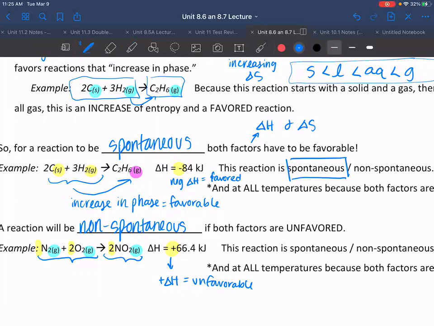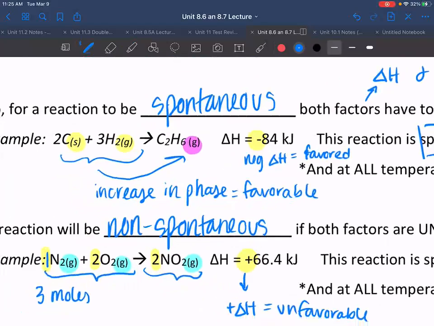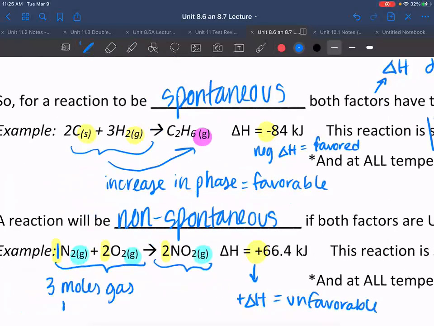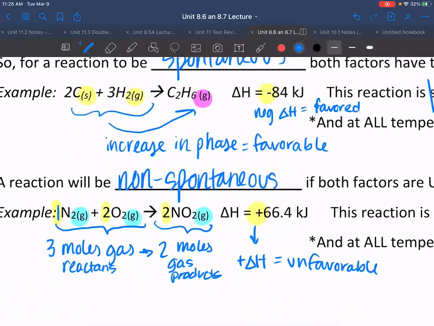The moles. So if we have 3 moles, so remember this is a generic 1 in front of that N2, we don't write it. So if we have 3 moles gas on the reactants, that is turning into 2 moles gas on the products, do you think we're getting more or less disordered?